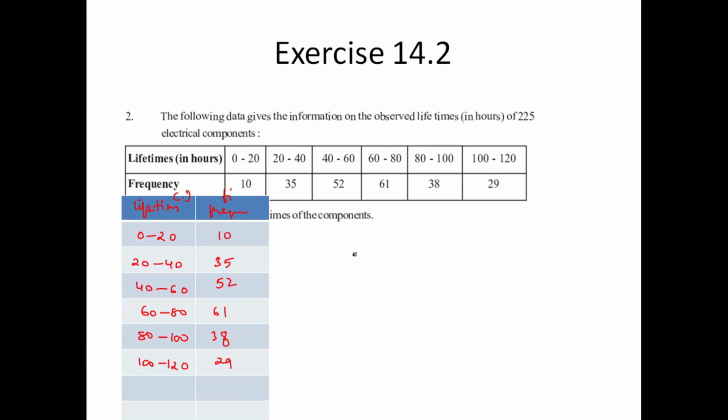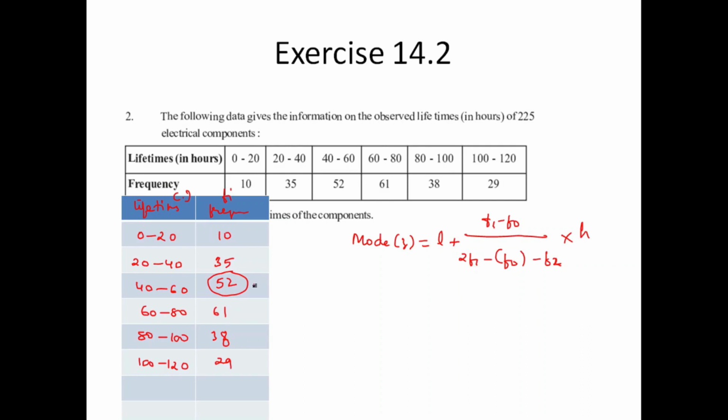So let us look at the mode, that is denoted with letter Z. L plus, what's your lower limiting value? Z equals L plus (F1 minus F0) by (2 into F1 minus F0 minus F2) into H. The maximum frequency value, you are getting it at around 52.